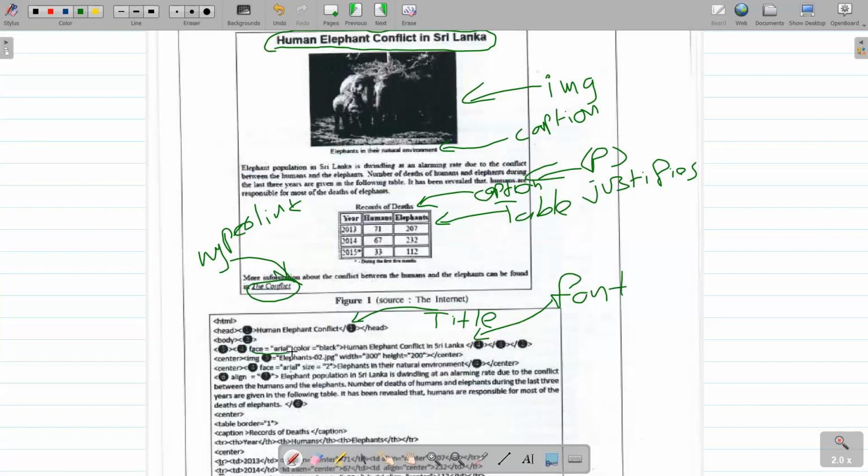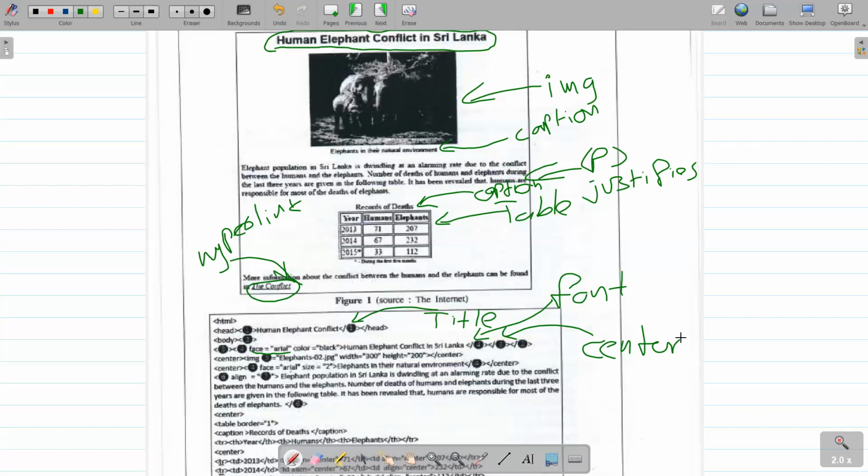Right, the third one, it's going to be center align. And yeah, what could be the second? Let's see when we are referring to the marking scheme.